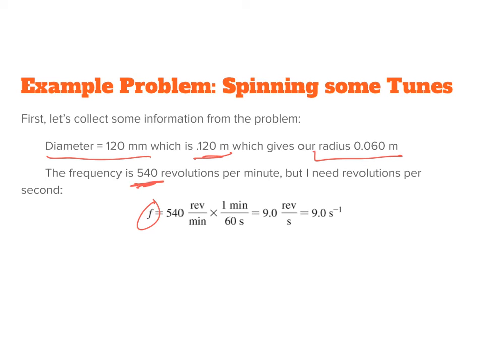That's in cycles per second, except it gave it to us in revolutions per minute, so we're going to convert it from revolutions per minute to revolutions per second. So we get 9 cycles per second. That's our frequency, measured in inverse seconds. We'll also talk about the unit of hertz, so it can be measured in hertz.